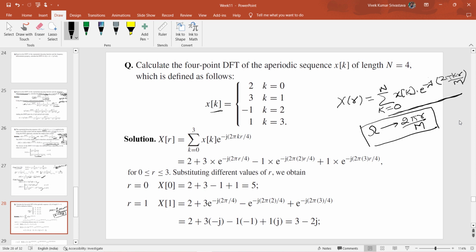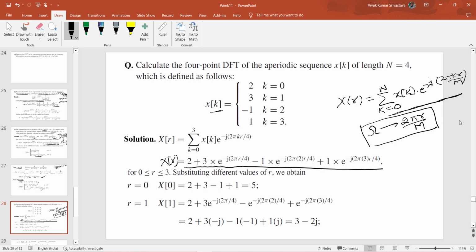First of all, we will put the value of k as 0, 1, 2 and 3. Once you put the value of k, you will get this expression x of r.